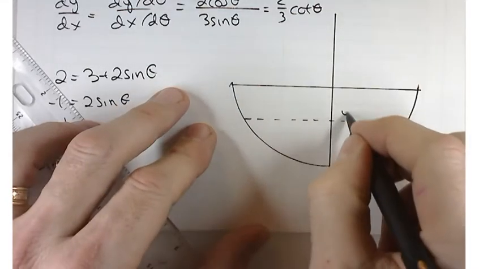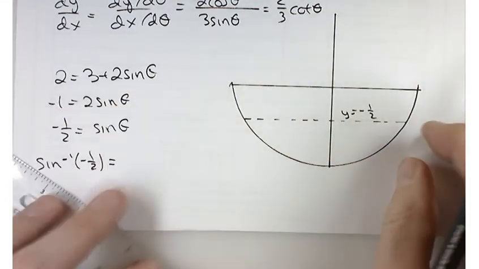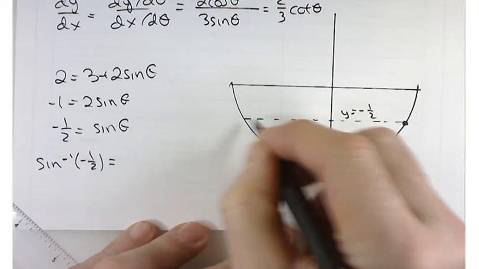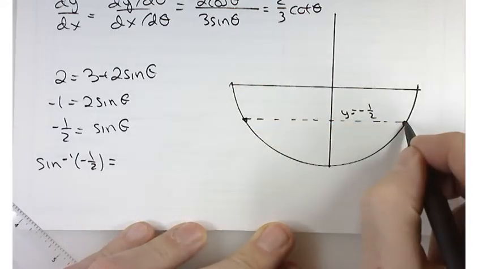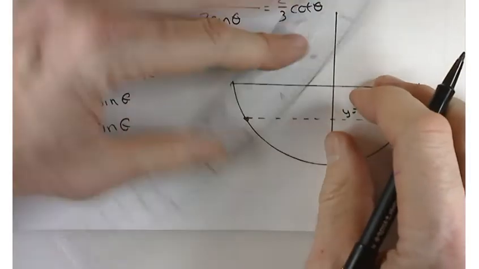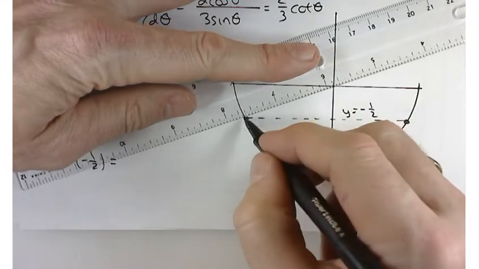So here's the line y equals negative 1/2, and it has two solutions. One here and one here. One in the third quadrant, one in the fourth quadrant.